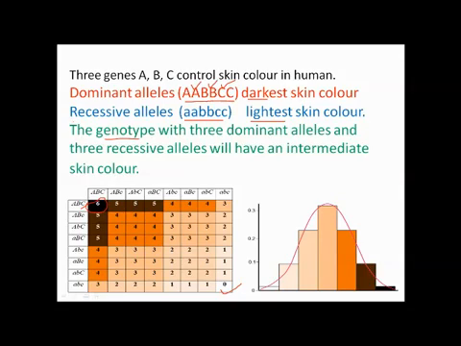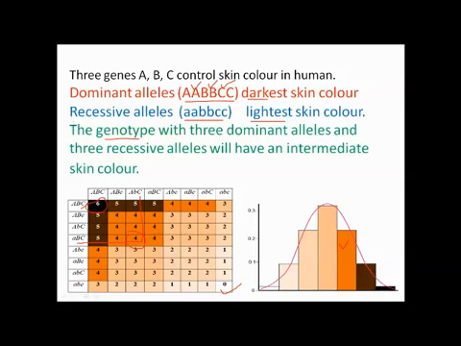For example, if we cross this, you will find AA, capital B small b, and capital C capital C. So this will show this type of expression. So different expression because of different genotype.